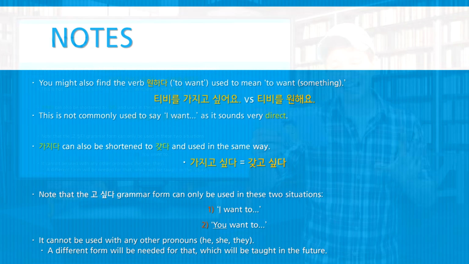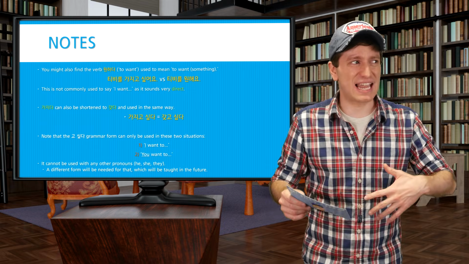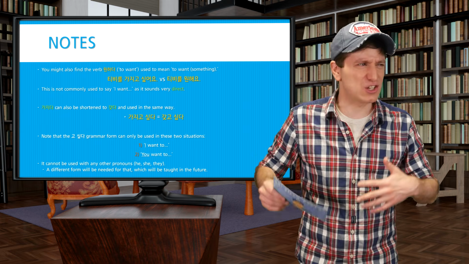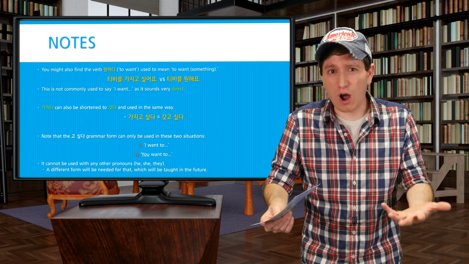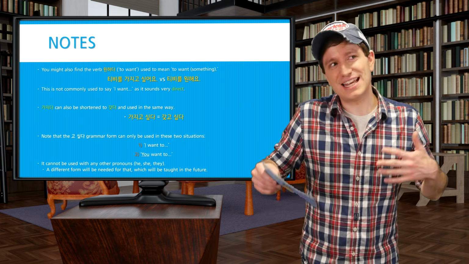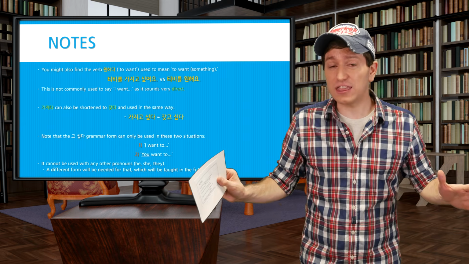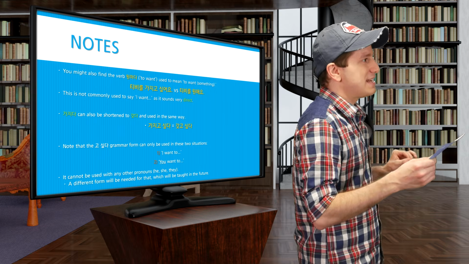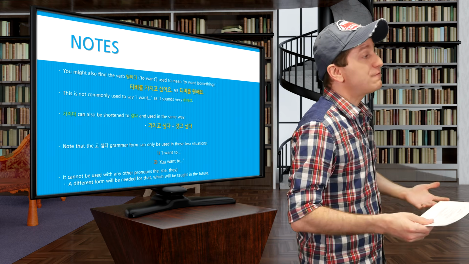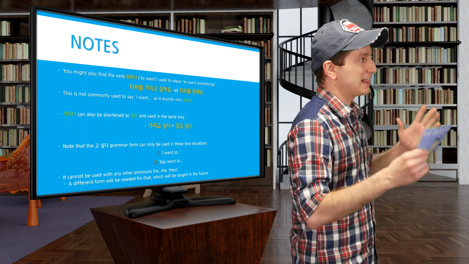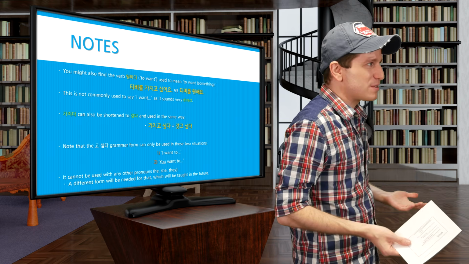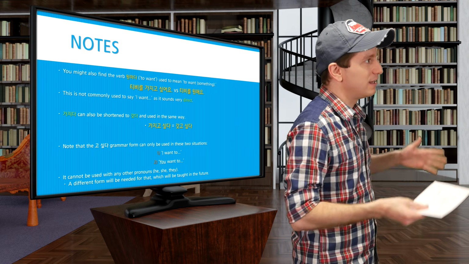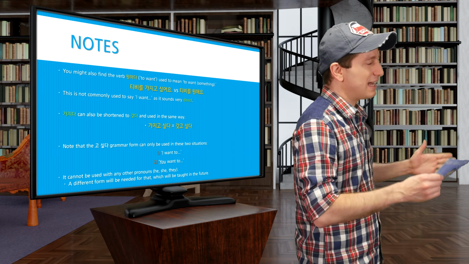Now, 원하다 is not commonly used to say that you want anything. In fact, it's quite a direct, strong way of saying that you want something. It's used in some songs, but it's not the way that people will speak to say that they want something. Another note is that 가지다 is often shortened to just 갖다. It's pretty much the same spelling, just without the E vowel. 갖다, 가지다, 갖다.